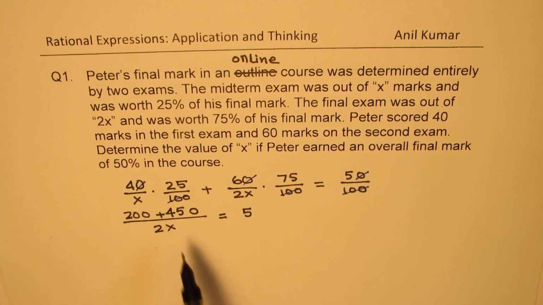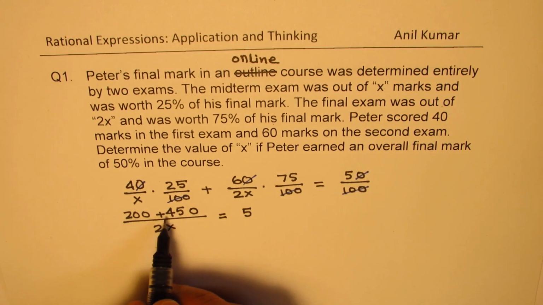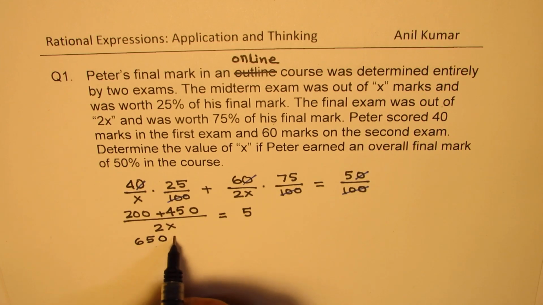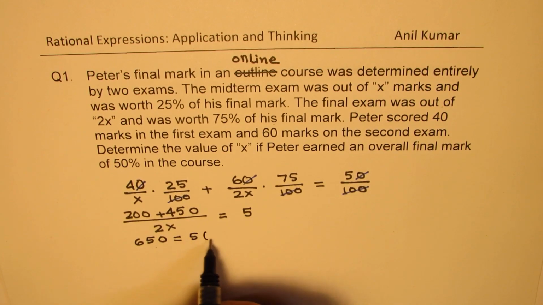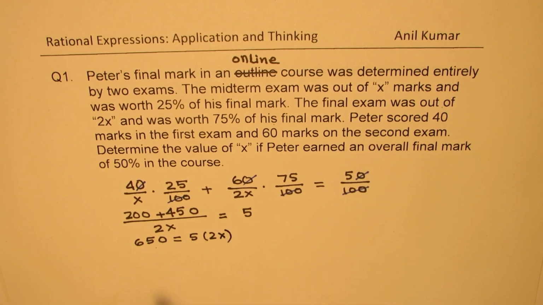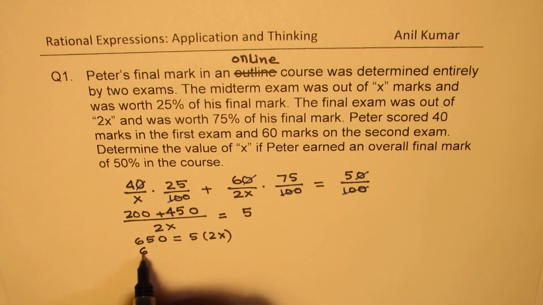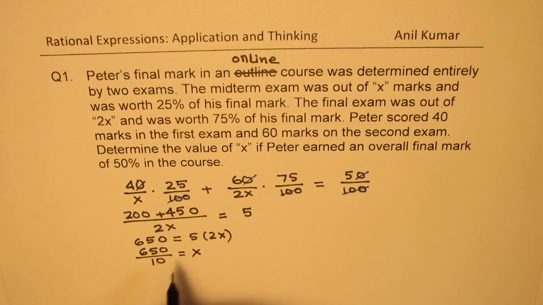Okay, now we can just cross multiply. So we get 650 equals to 5 times 2x. And from here we can find the value of x, which is, we can divide this by 2 times 5, which is 10, right? So we get from here 650 divided by 10 is equal to x, correct?